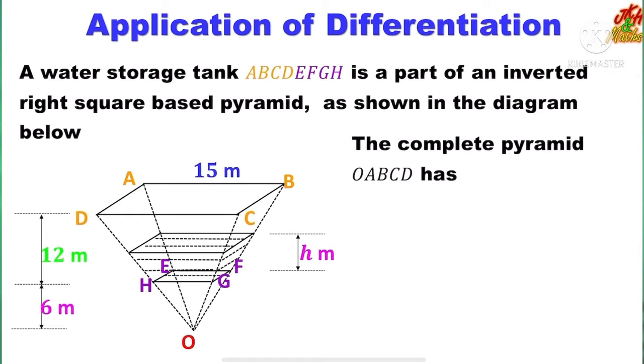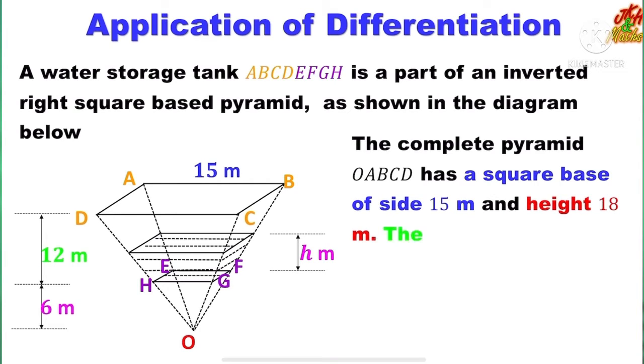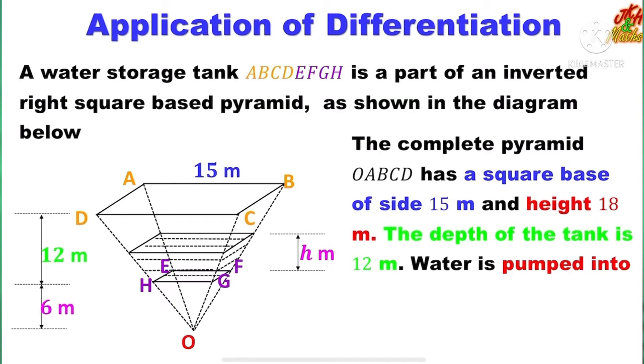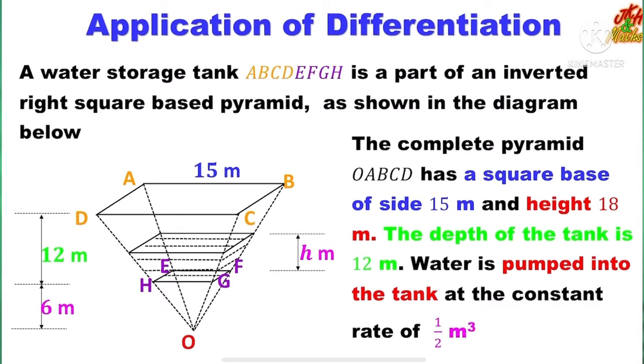The complete pyramid has a square base of side 15 meter and height 18 meter. The depth of the water tank is 12 meter. Water is pumped into the tank at the constant rate of 12 meter cube per minute.